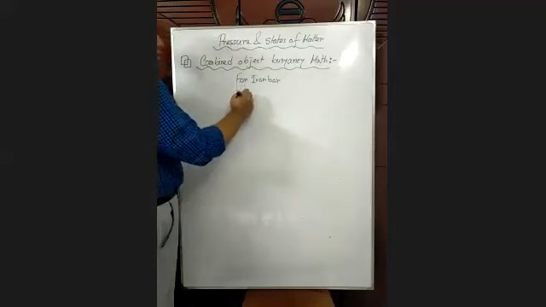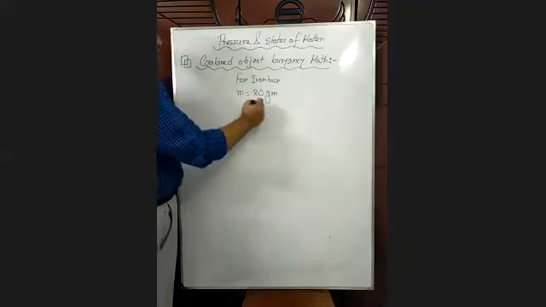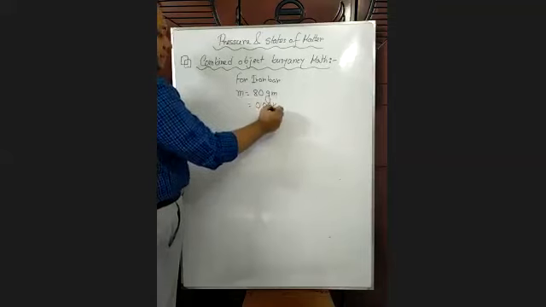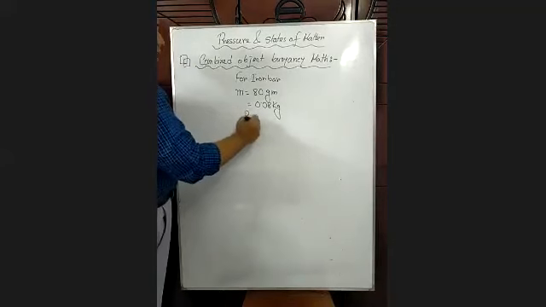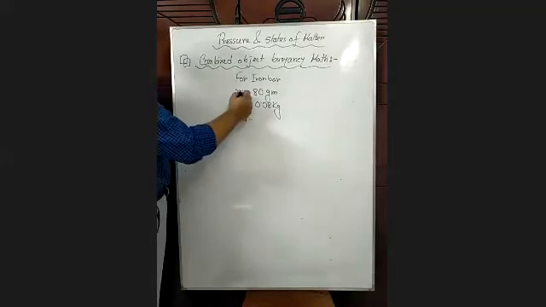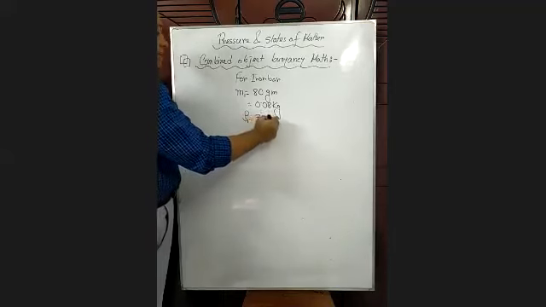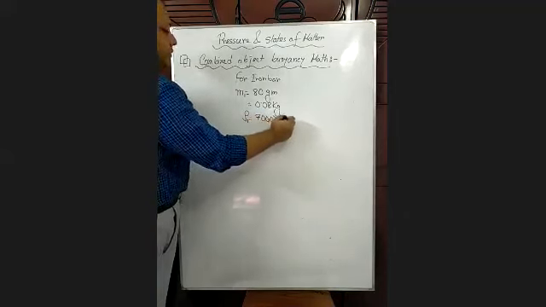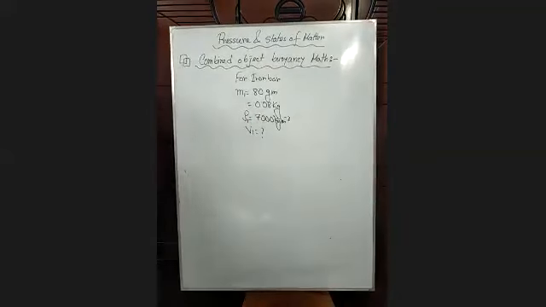The mass of the iron bar is 80 grams, which is 0.08 kg. Call the density ρ1 and the mass m1. The density is 7,000 kg per meter cube. We don't have any volume of this iron bar.